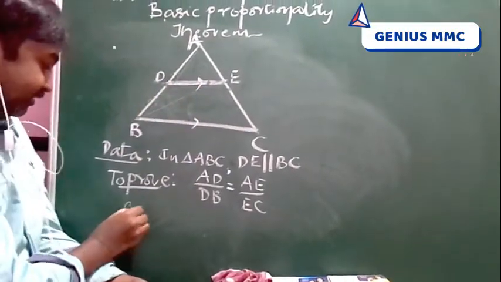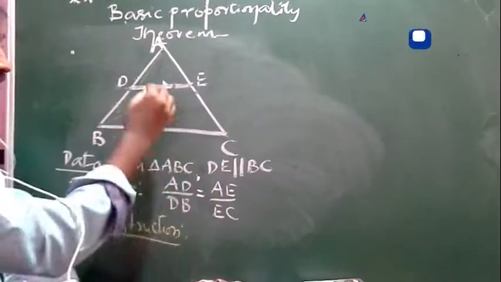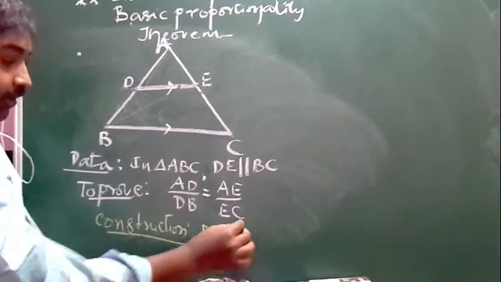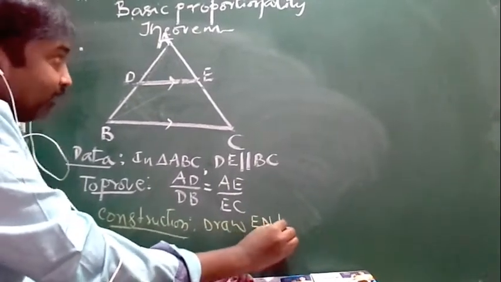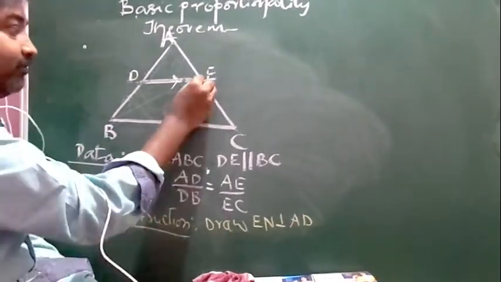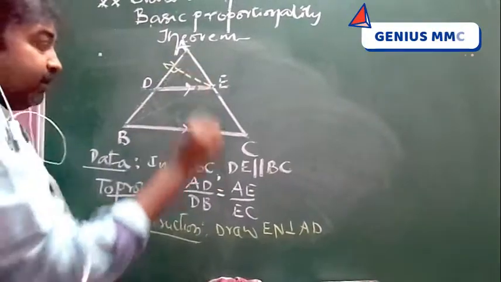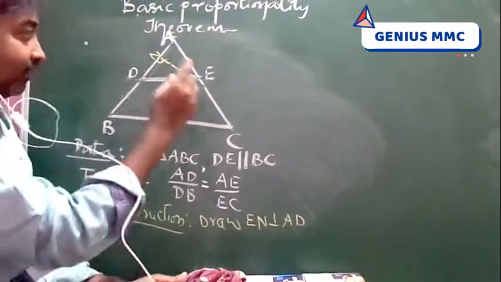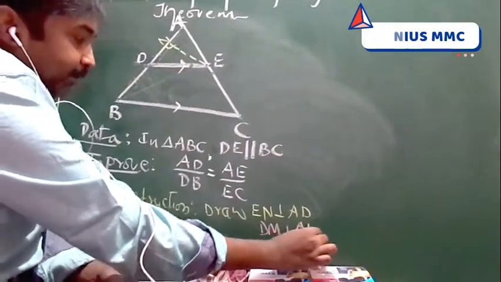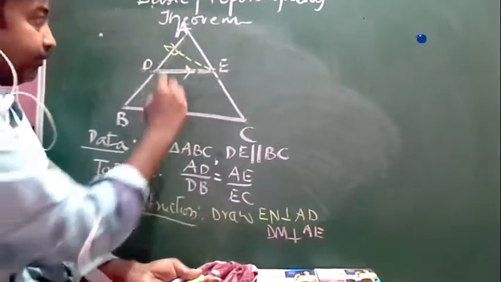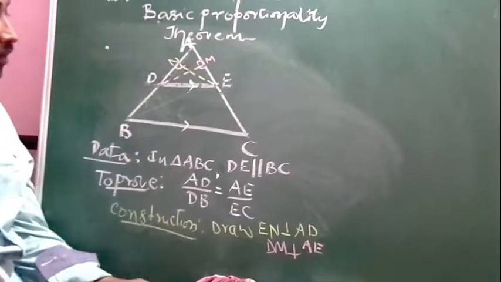So the next step is construction. We draw perpendiculars, taking AB as the base. Draw EM perpendicular to AB from E, and also DN perpendicular to AC.